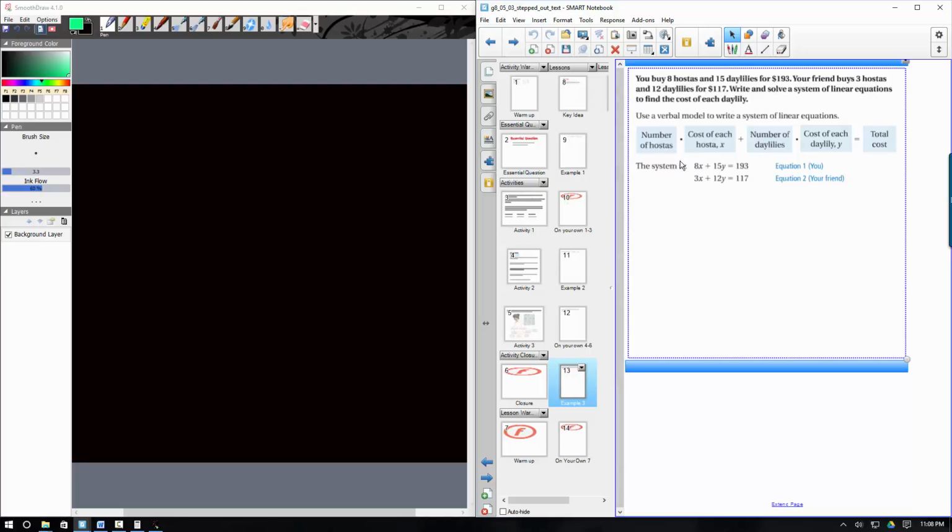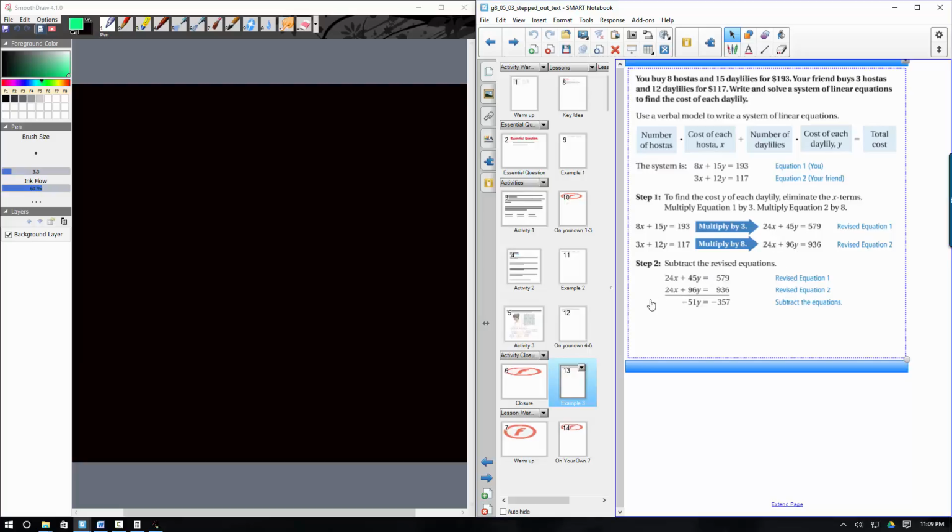In this case, it's a little bit trickier. I have to figure out what I want to multiply both equations by. I'll multiply the top one by 3, and I'll multiply the bottom one by 8. When I do that, I'll have 24x plus 45y equals 579, and this one here. I want to have one of these being negative, so you could figure out which one you want to have here.